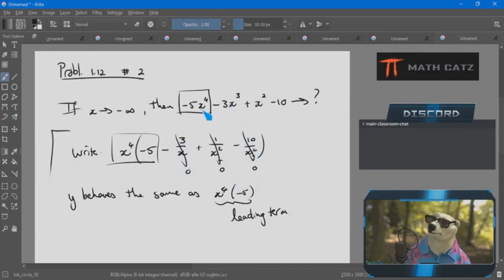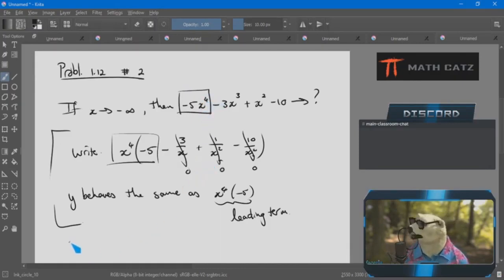In comparison to the leading term, when x is big enough in size, these other terms are negligible. They're so small. So when I look at a polynomial and the long-term question, I only need to look at what its leading term does. And that leading term is a basic transformation of a function I should know.